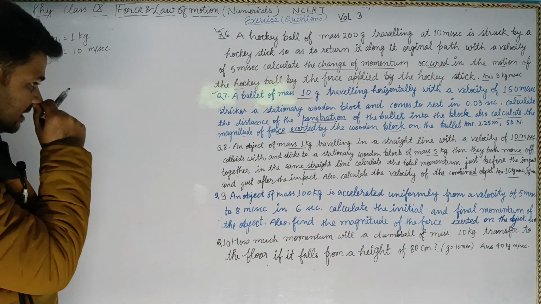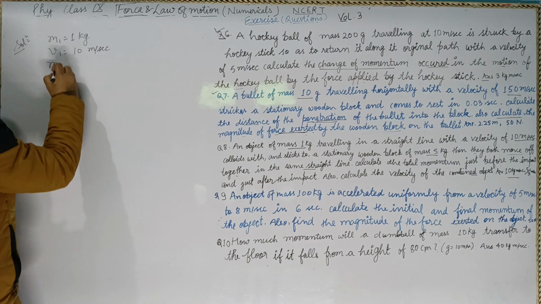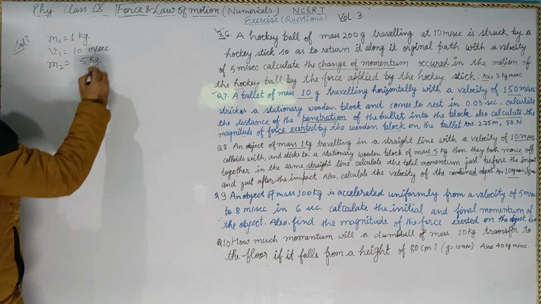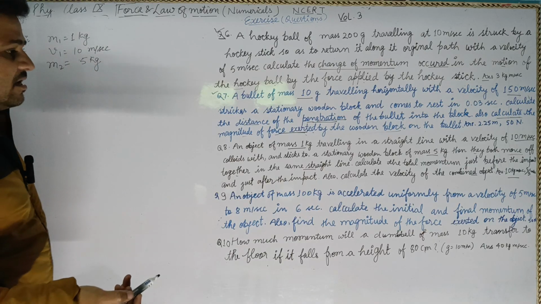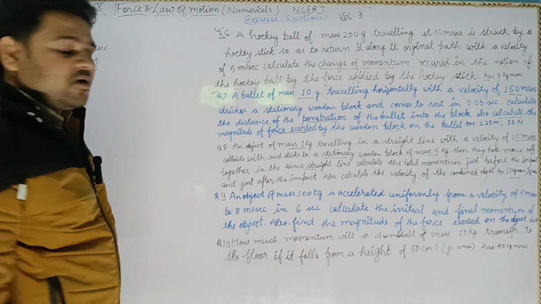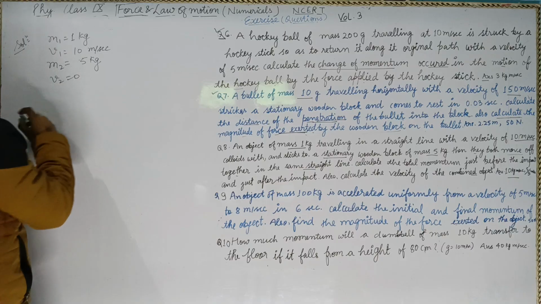It collides with and sticks to a stationary wooden block. Mass of the wooden block m2 is equal to 5 kg. Because it is a stationary block, it is in the resting position, so v2 is equal to 0.